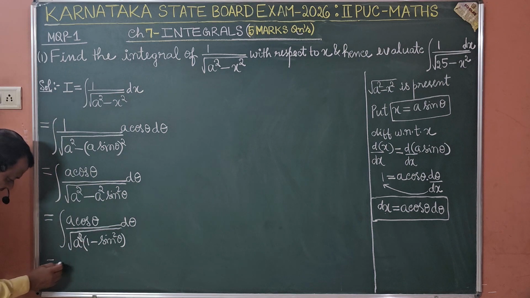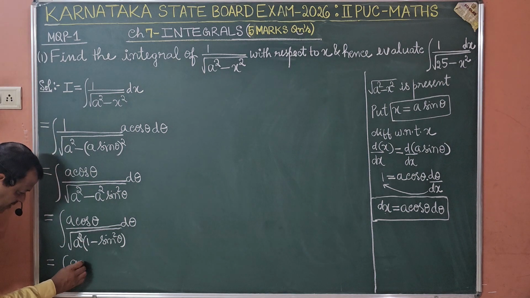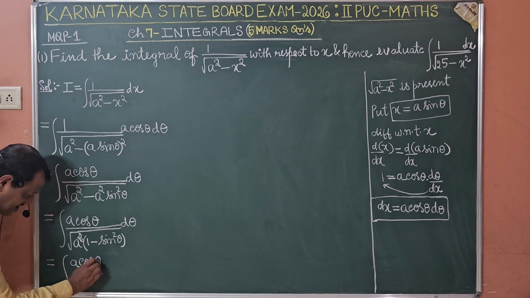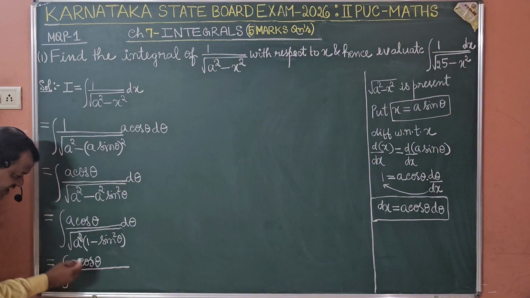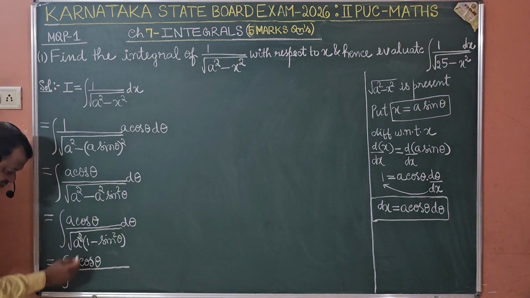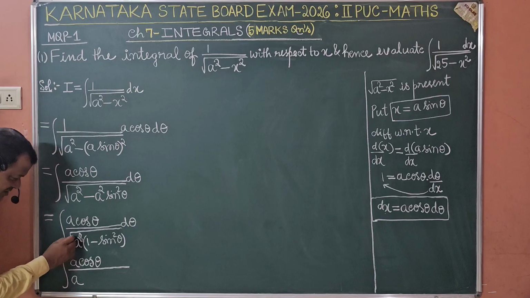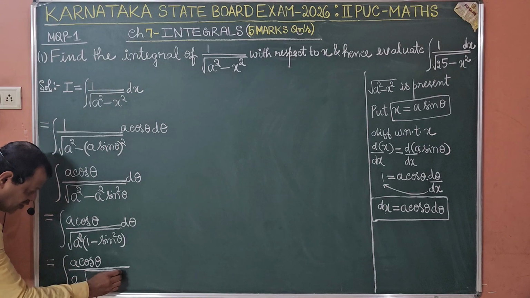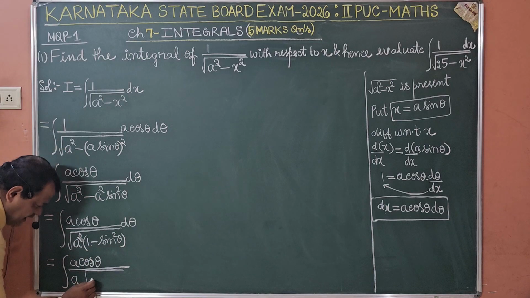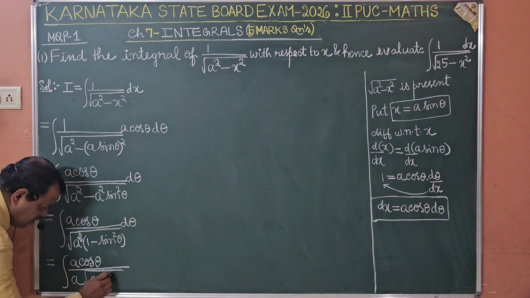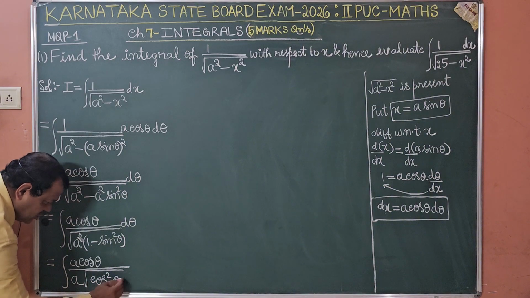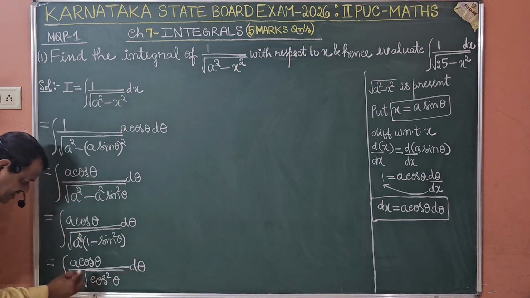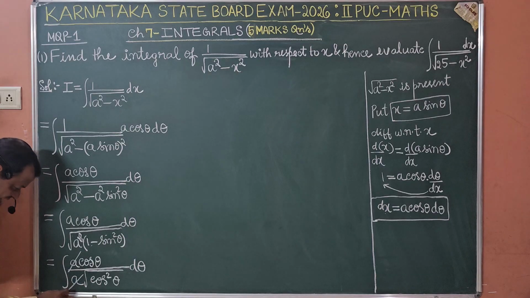And this is the same as integration of numerator as it is, a cos theta, divided by, for the denominator, square root of a square is a, then square root of 1 minus sine square theta is cos square theta, into d theta. Therefore a gets cancelled.